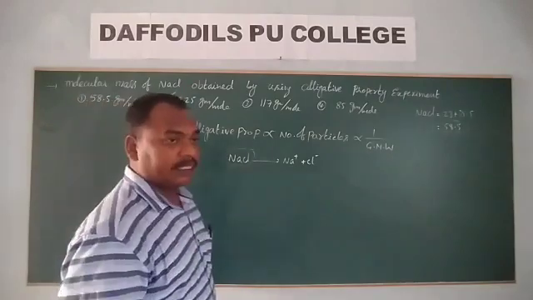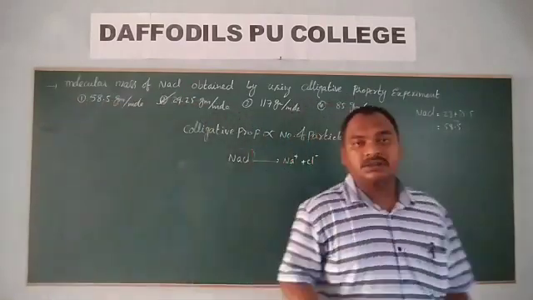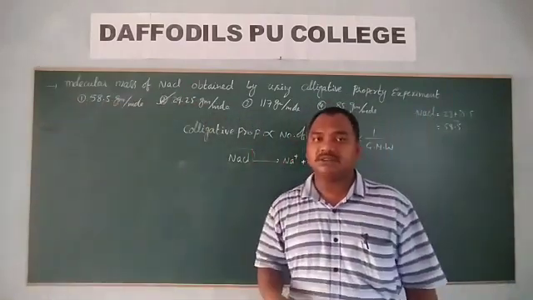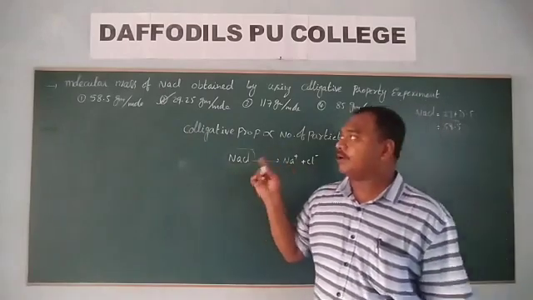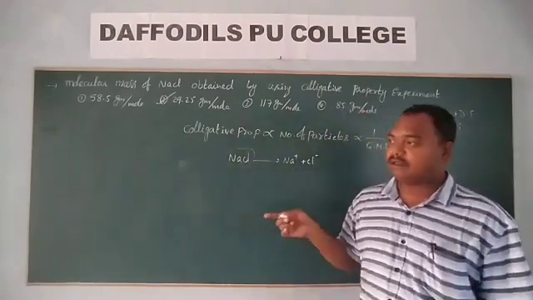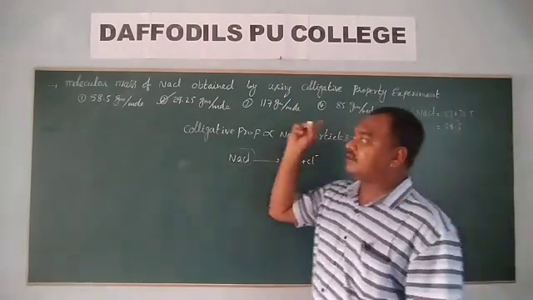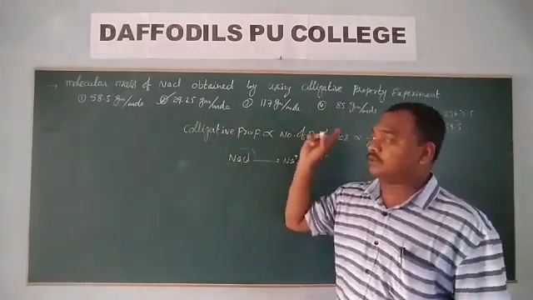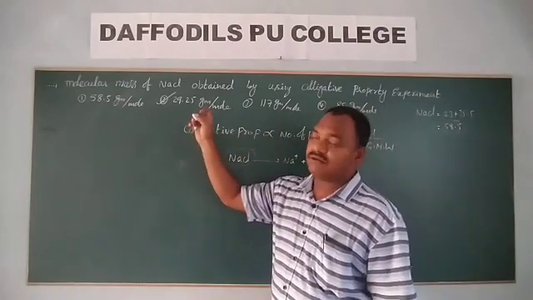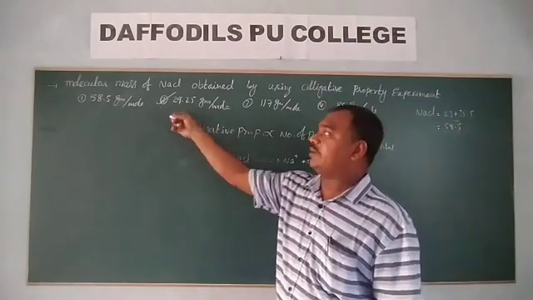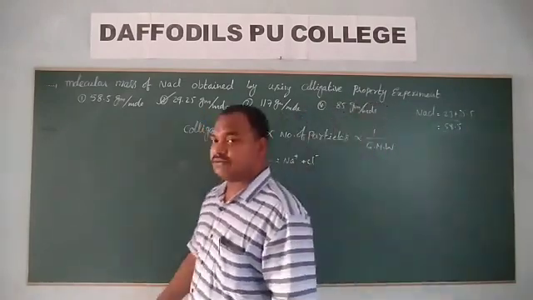This is the molecular weight we obtained during the colligative properties experiment. That means the calculated formula weight of sodium chloride is not equal to the experimental formula weight of sodium chloride.